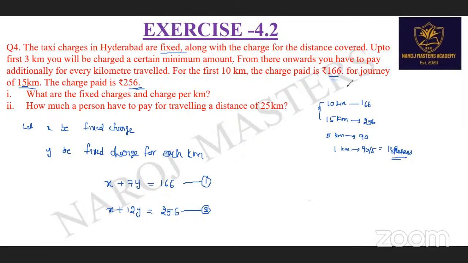And for the first 10 kilometers, he paid 166. So out of the first 10 kilometers, find for the 7 kilometers. For each kilometer 18 rupees means for 7 kilometers, 7 into 18. 7 into 18 is how much?